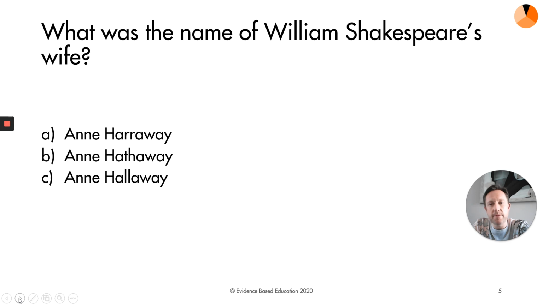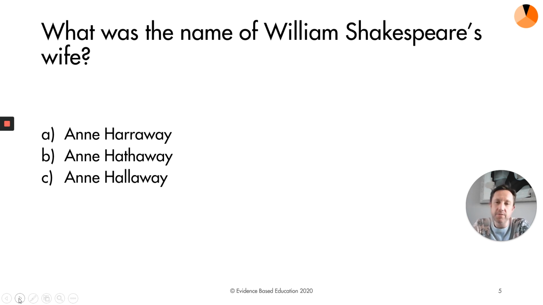And so in this instance, answer B is what we would call the key, the correct answer. And then I've got two distractors in there, two incorrect options, A and C. And as we'll talk about later, it's done deliberately that they all are broadly similar.